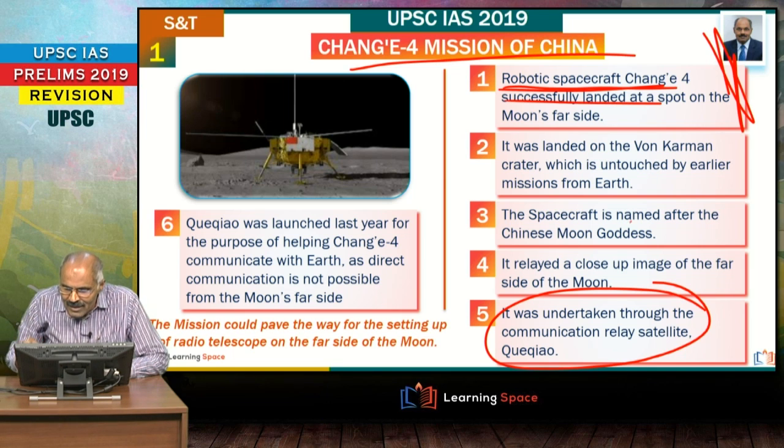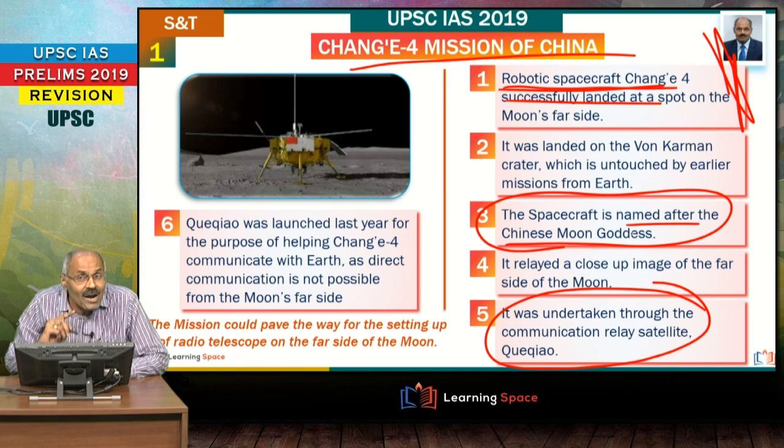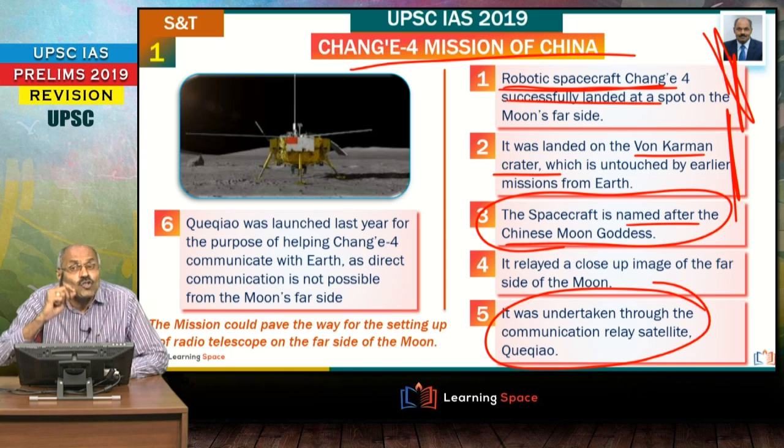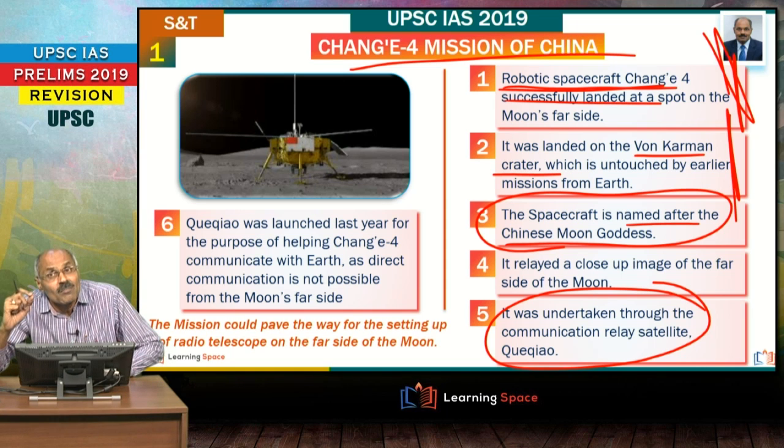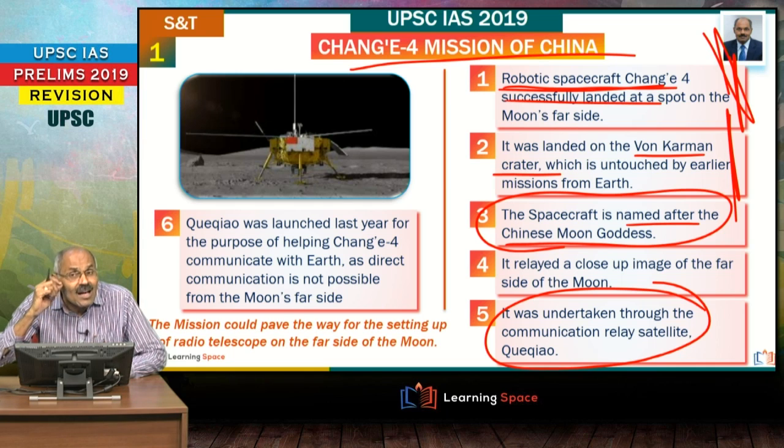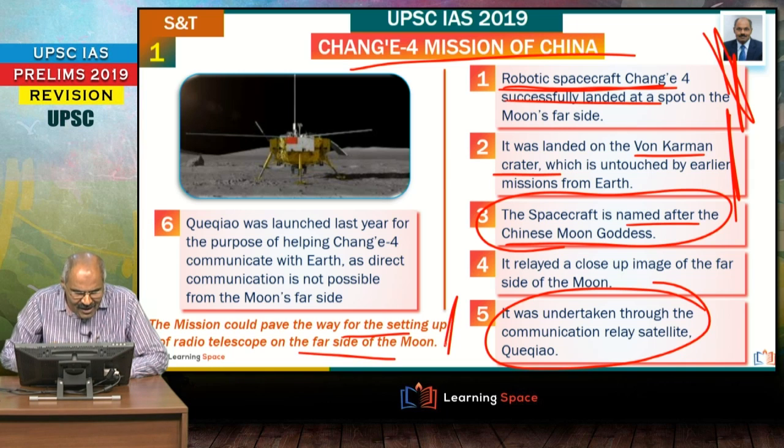The spacecraft is named after the Chinese moon goddess. The second part is that it landed in the Von Karman crater, and this particular point was untouched by earlier missions from Earth.